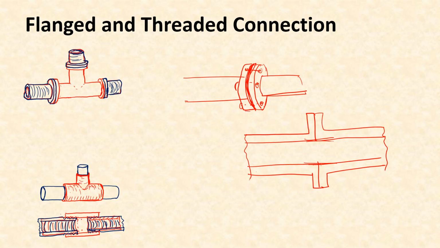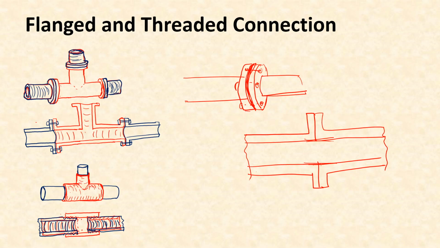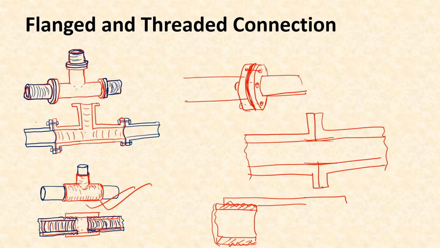So the inside of both these connections will look like this, and the problem with this kind of connection is that if we have a pipe cross section like this, suppose this part is the thickness of the pipe, the outside of the pipe will be provided with some kind of thread, and the inside of the connector will also be provided with a similar kind of thread, and it will be joining it with another pipe like this.